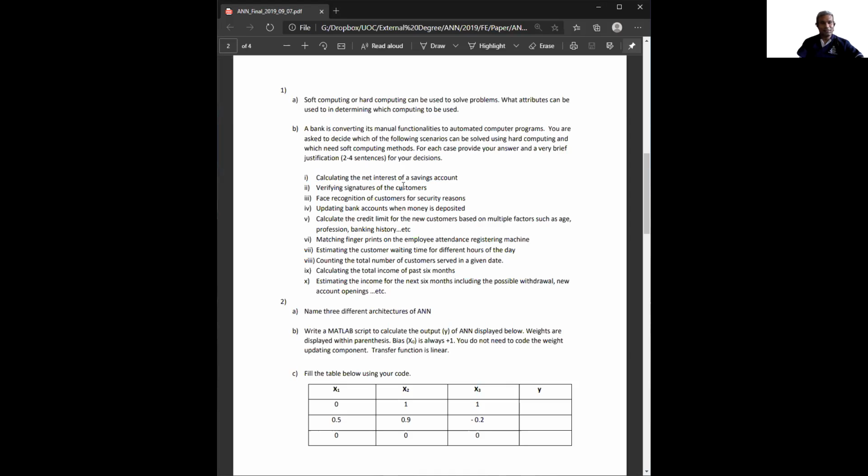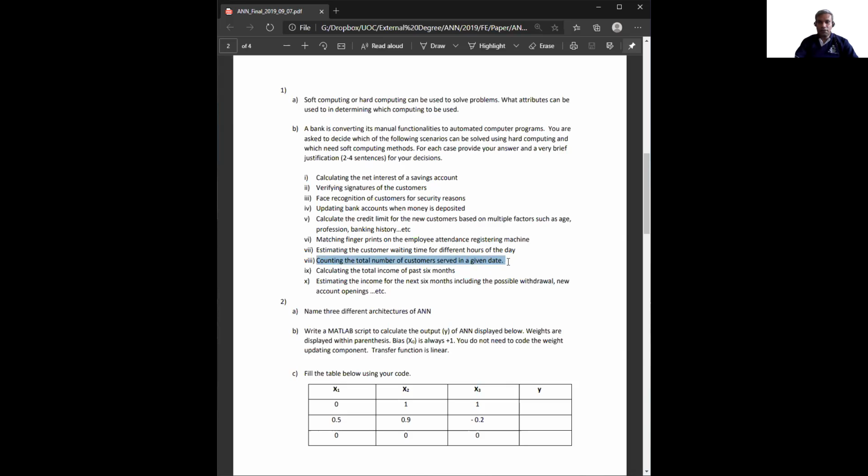Why? Yes, data is very clear and very precise. And we also know the rules quite well. How about this one?